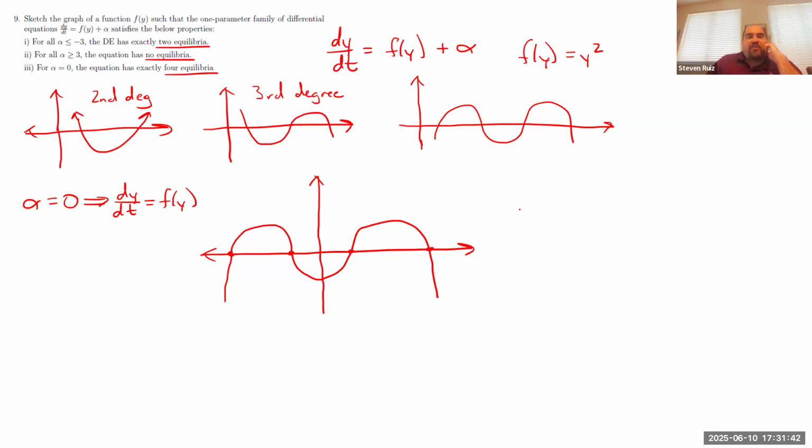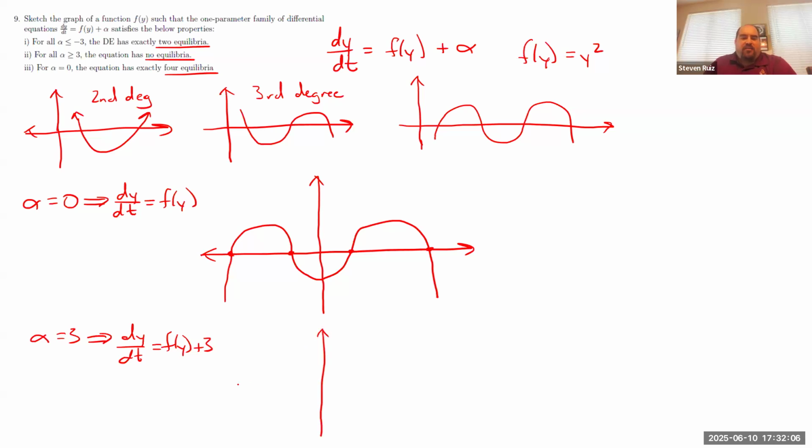For all alpha greater than or equal to 3, the equation has no equilibria. So basically, if I make alpha a positive number, and to be clear, what is this going to look like if I make alpha a positive number? So alpha equals 3 means that dy dt equals f of y plus 3.